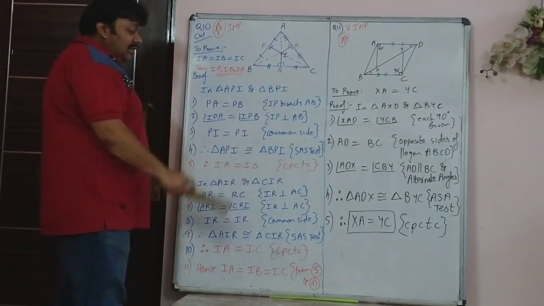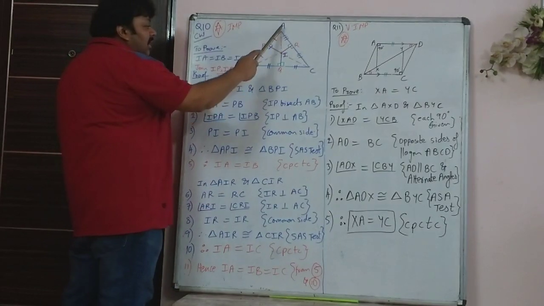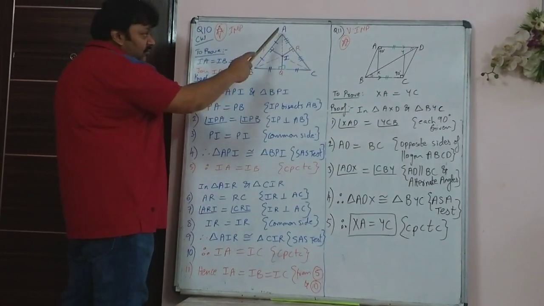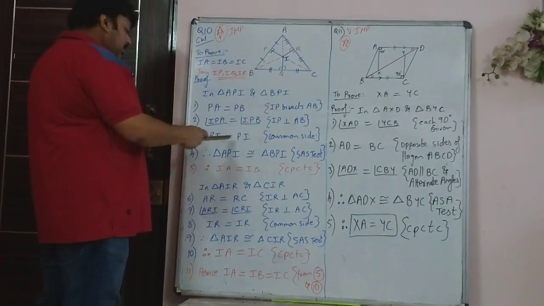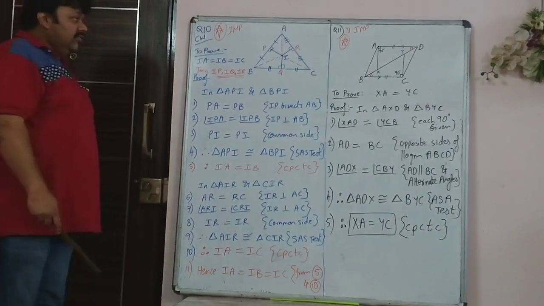So it is SAS test. Because of that, you can say that IA is equal to IB. You have shown IA is equal to IB.